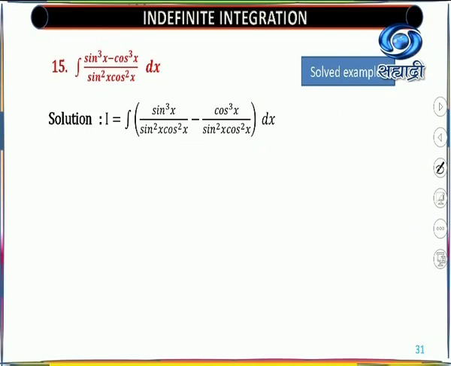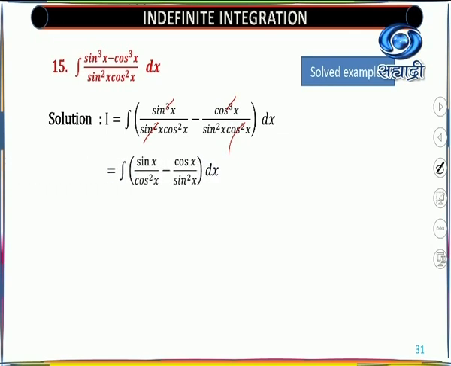So we'll start with the other method, and this method you are going to solve. Sin cube x upon sin square x cos square x, because here you are able to cancel out, you are left with sin x upon cos square x. Here you are able to cancel out, you are left with cos x upon sin square x, which is directly in the formula.